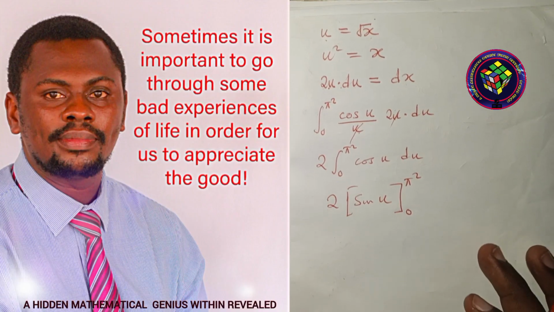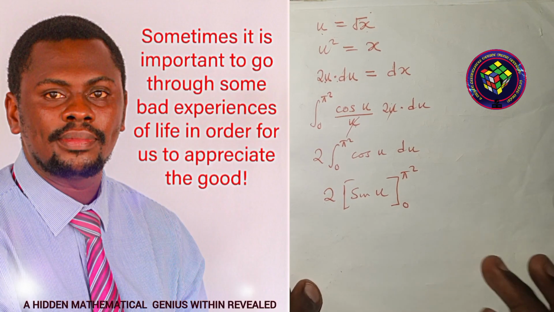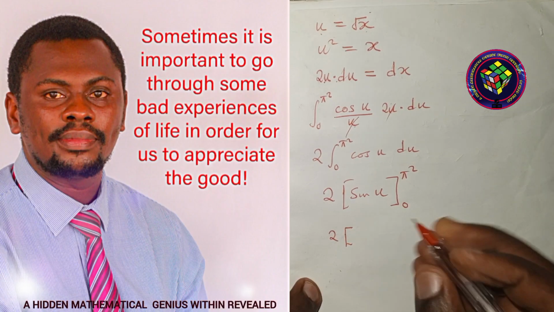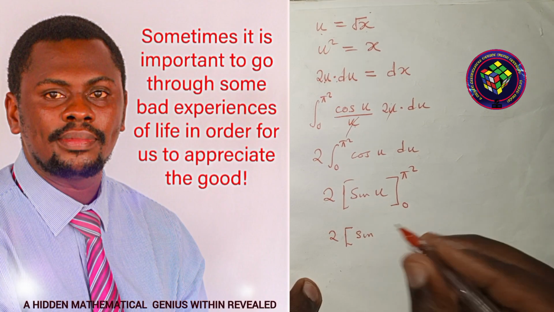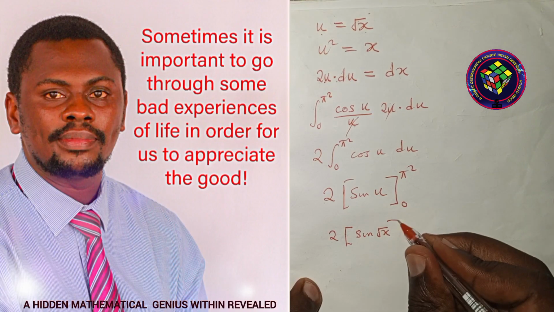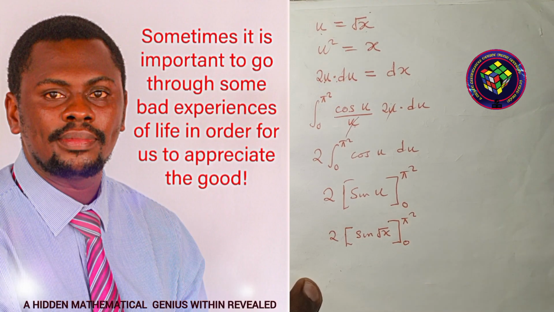Now don't forget that u is equal to square root of x. So where there is u, we are going to put square root of x. So we have 2, then in brackets sine of square root of x, with limits from 0 to pi squared.